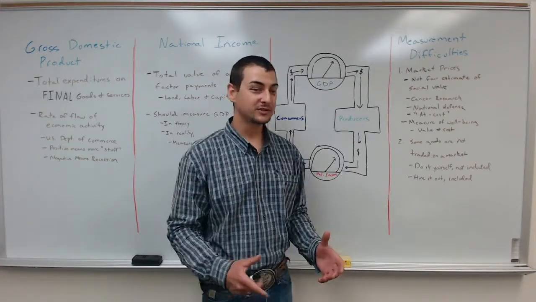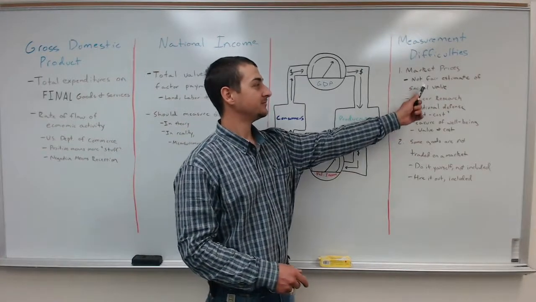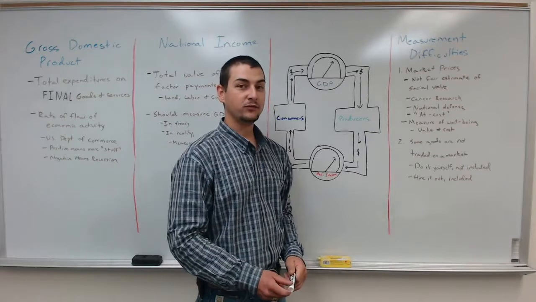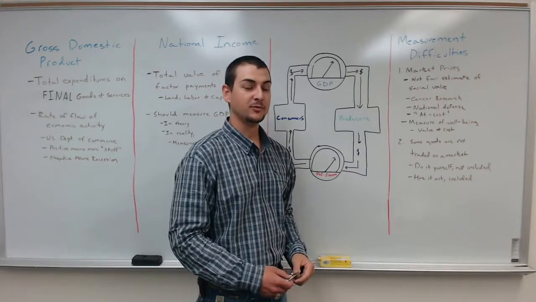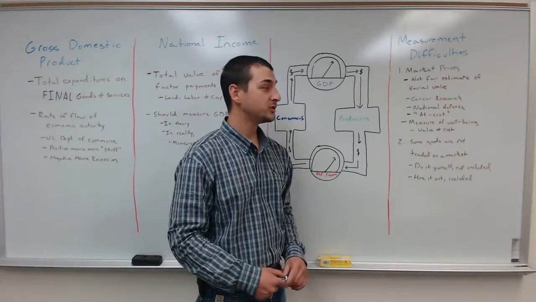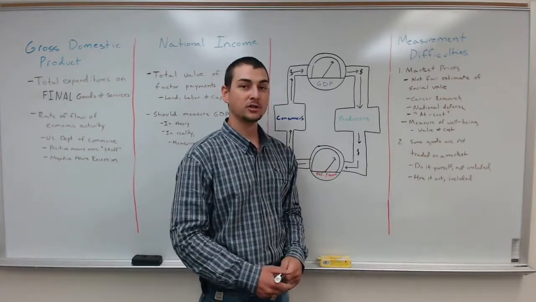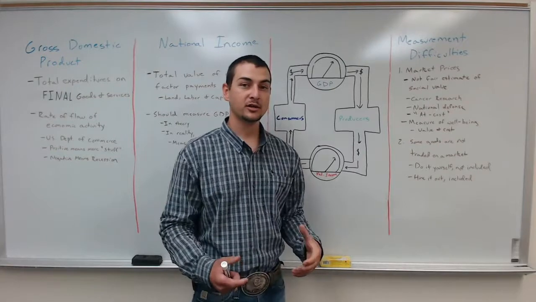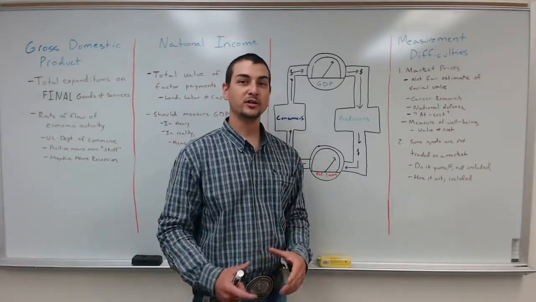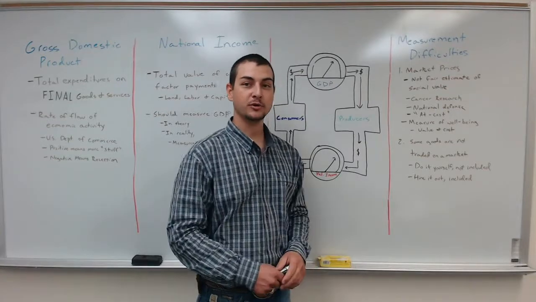So because of certain aspects such as social goods, we have to figure out that there's not a fair estimate of social value for these goods. So as a result, we include them at cost. Whenever we include, say, cancer research into the GDP, we include it at its cost of producing it.